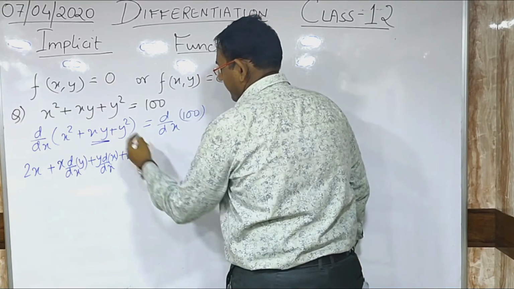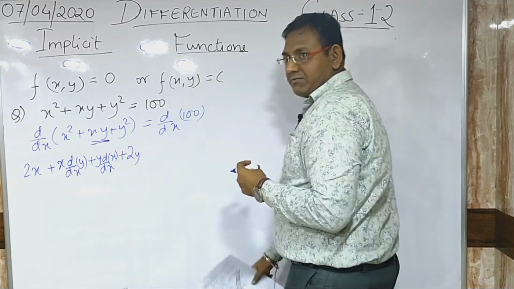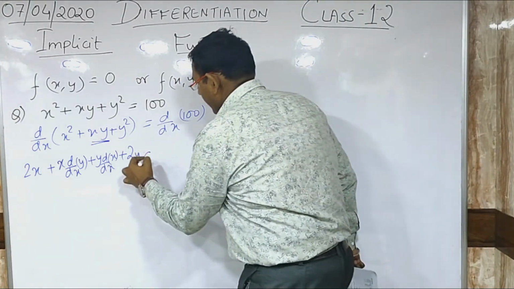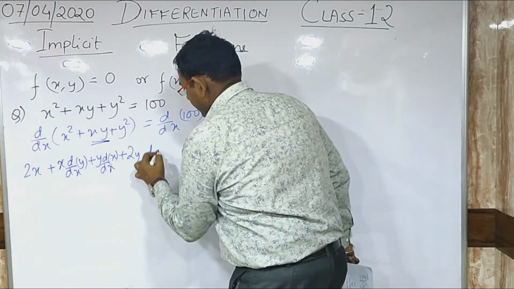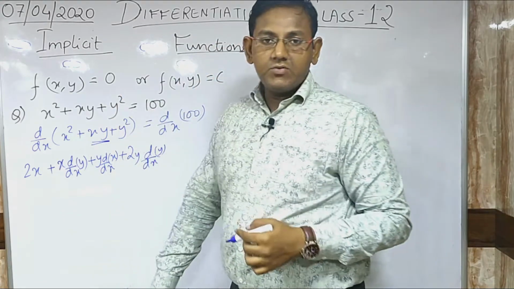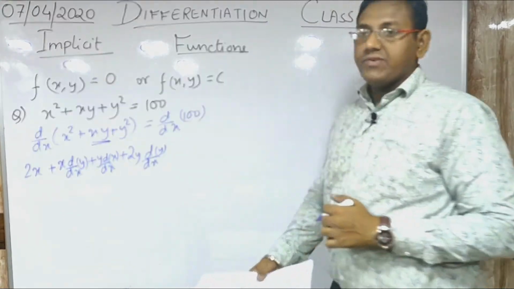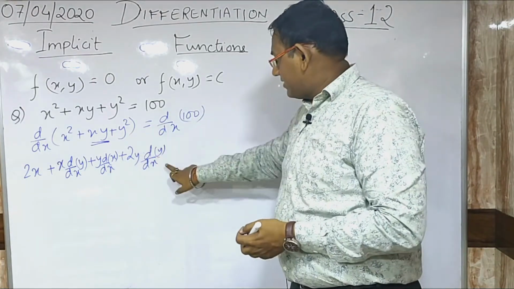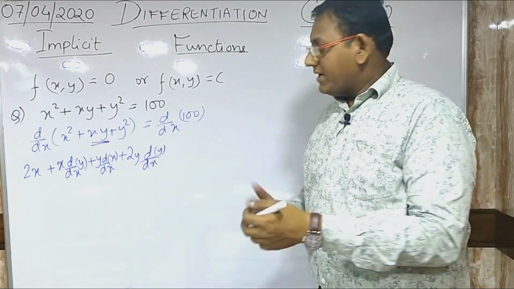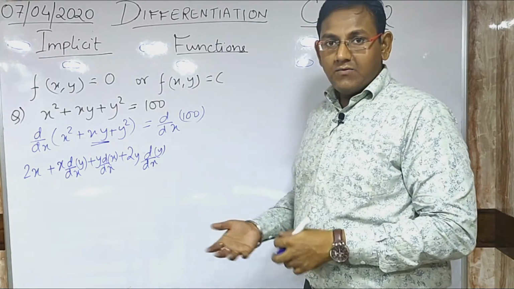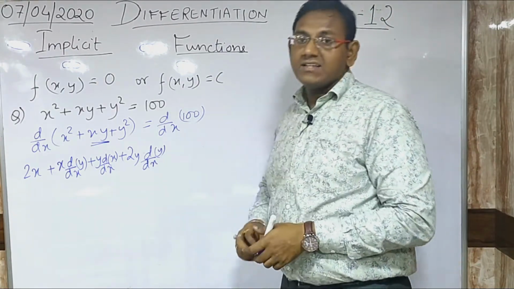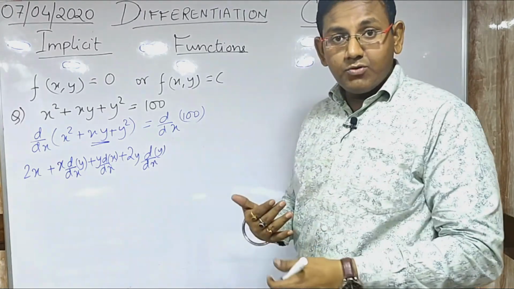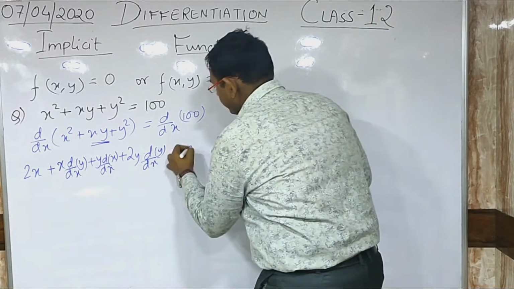But after differentiating y squared, because the power comes in the front, we have to again write dy/dx. Why do we need to write that? Because we are differentiating one variable, y, in terms of another variable, x. So whenever we represent a variable, we need to see whether both the variables are the same or not. We are differentiating y with respect to x, so they are two different variables, and this part should be equal to 0.